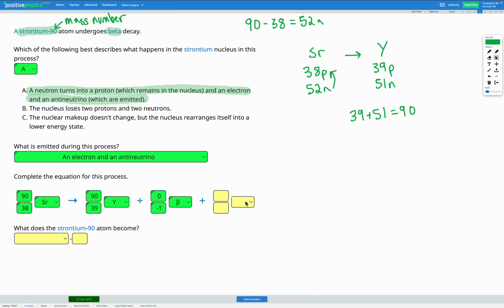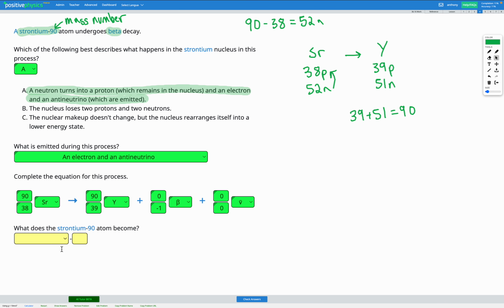And we emit an antineutrino, which has this symbol, looks like a V with a bar on top of it. And that has a mass number of 0, showing it has no protons or neutrons, and an atomic number of 0, showing it has no charge. So there we've successfully written our equation for this process.